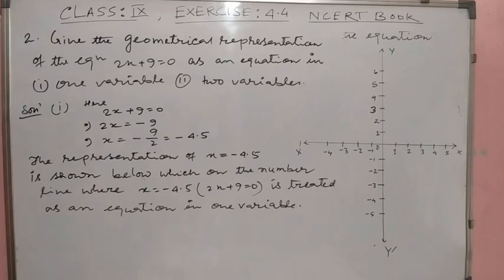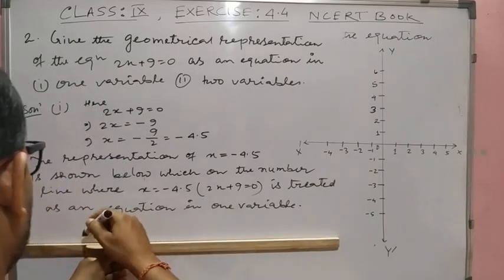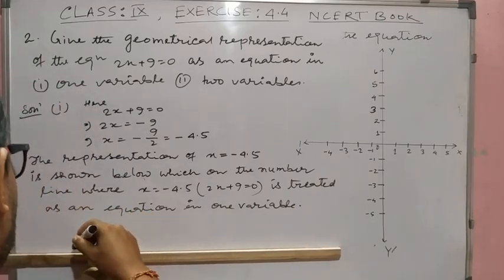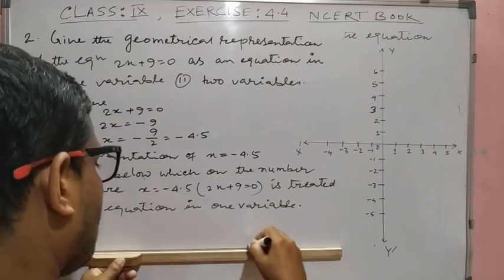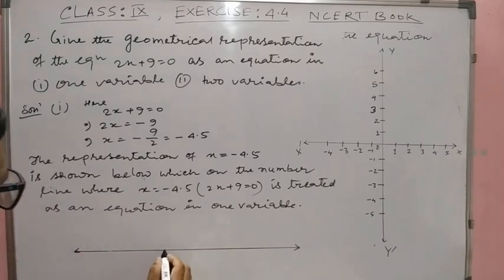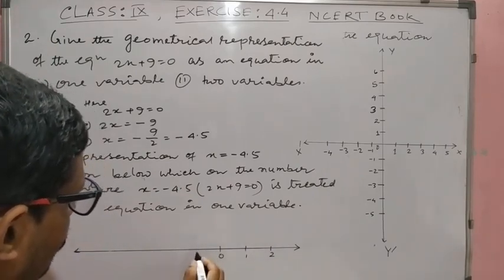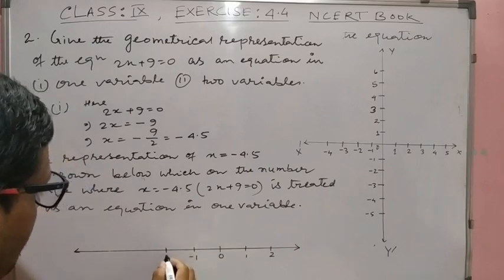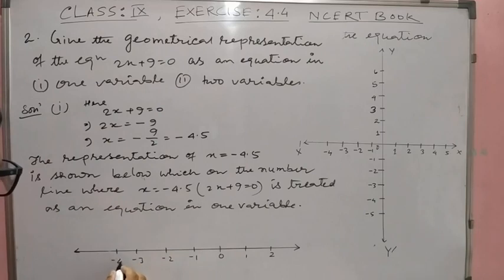So now you see how to represent this on the number line. So let us see this one. This is the number line 0, 1, 2, minus 1, minus 2, minus 3, minus 4, minus 5.